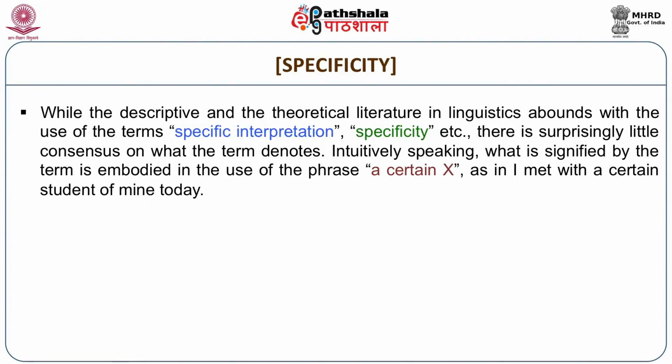A third kind of semantic interpretation that a noun phrase can get is what has been called in the literature a specific interpretation. There is surprisingly very little consensus on what the term denotes, and different authors use the notion of specific interpretation distinctly. Intuitively speaking, what is signified by the term is embodied in the use of the phrase "a certain X," as in "I met with a certain student of mine today."